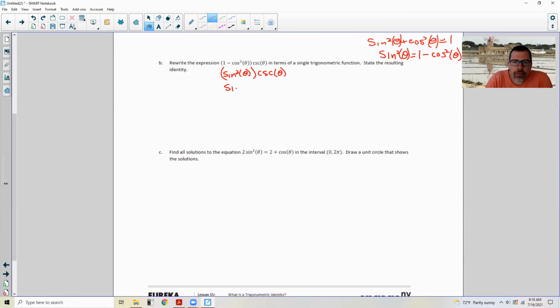Well, sine squared theta, think of that as over 1, times cosecant theta, which is 1 over the sine of theta. So combining these, I get sine squared theta divided by sine theta. So that's just simply the sine of theta for all real numbers theta.